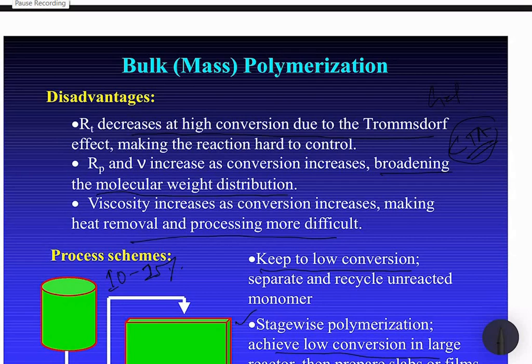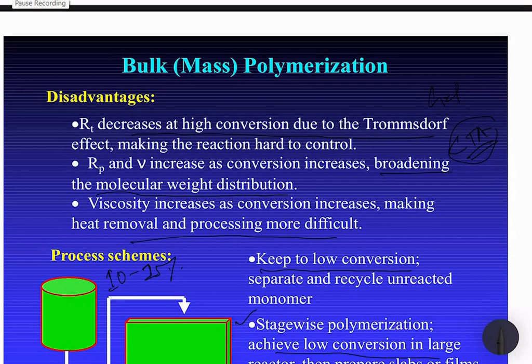The monomer, because of its lower mass, has its diffusion not much affected by the rise in viscosity of the medium, so it can easily diffuse towards the growing radical, whereas two mature radicals ready for termination cannot diffuse fast enough to come close to each other. So the rate of termination falls, whereas the rate of propagation increases.